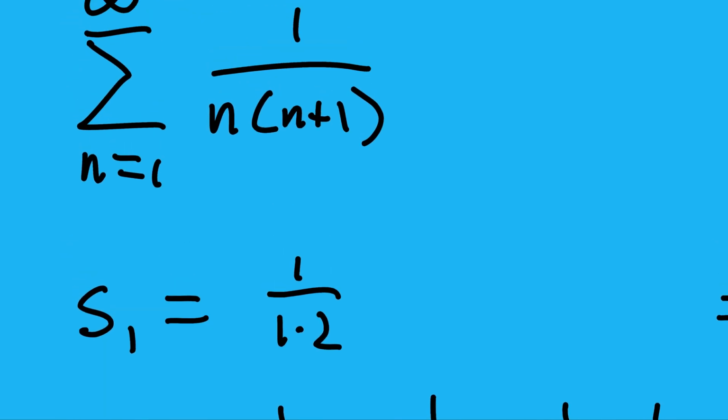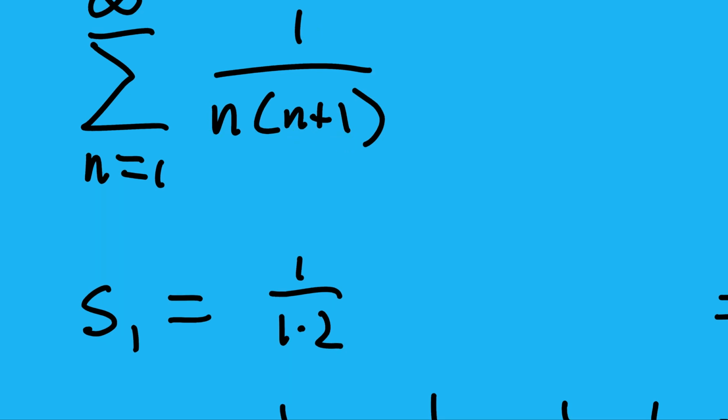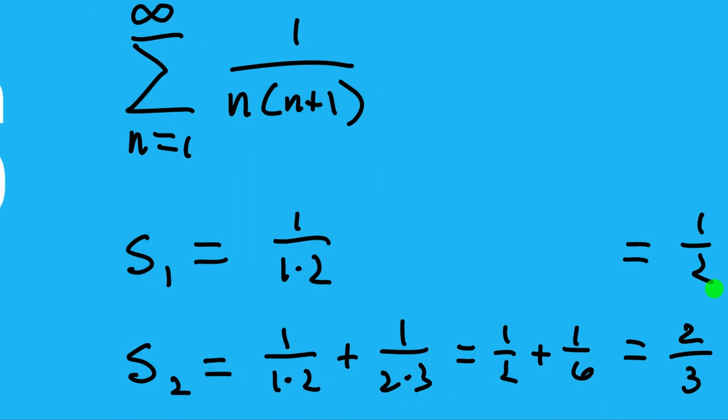If n is equal to 1, then 1 over 1 times 1 plus 1 is 1 over 1 times 2, or a half. Now, S sub 2 will be that same first term plus, now the n equal 2 term will be 1 over 2 times 3. 2 times 3 is 6. First term is a half.